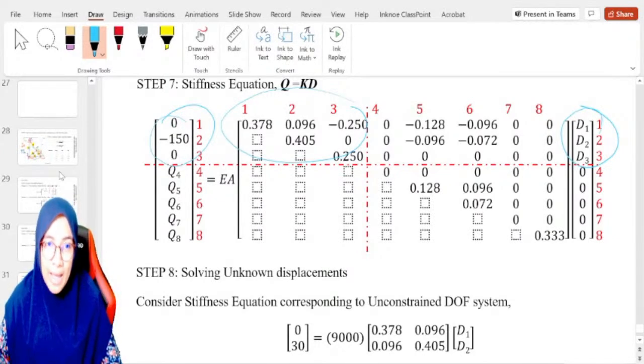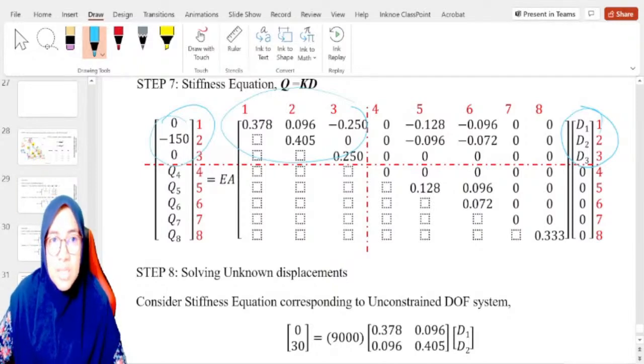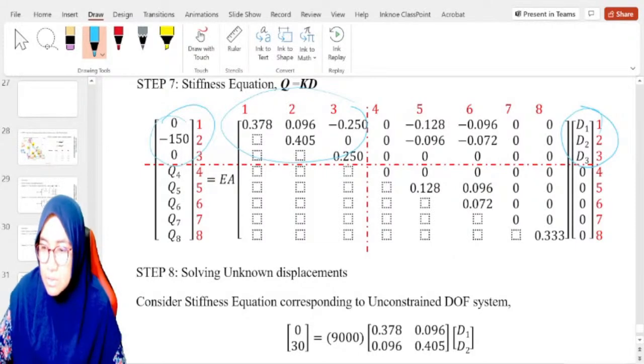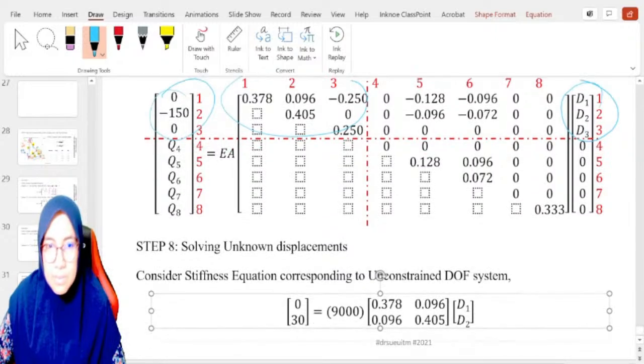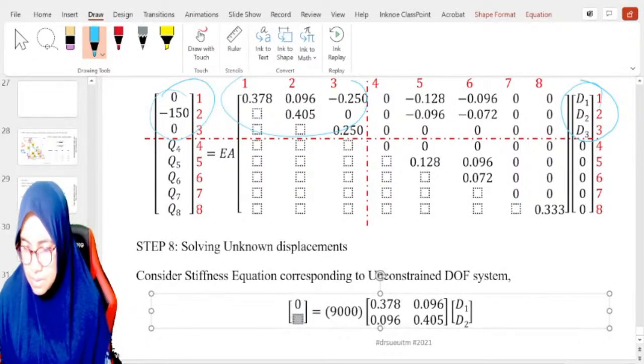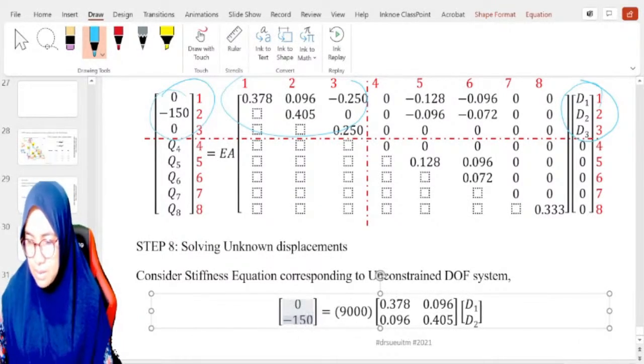What we need is actually the stiffness equation corresponding to the unconstrained degree of freedom system. So I want to focus on the below part, this one, and negative 150.